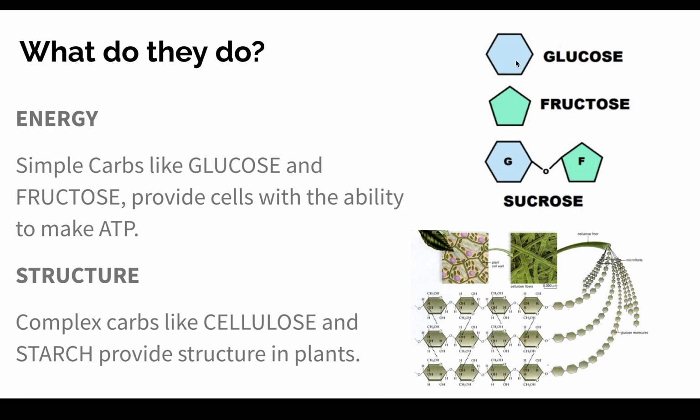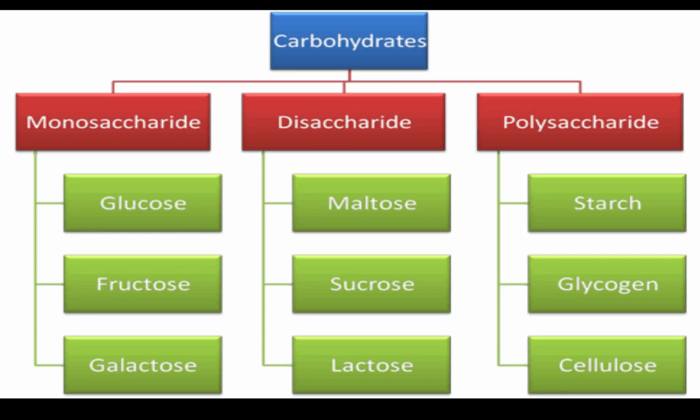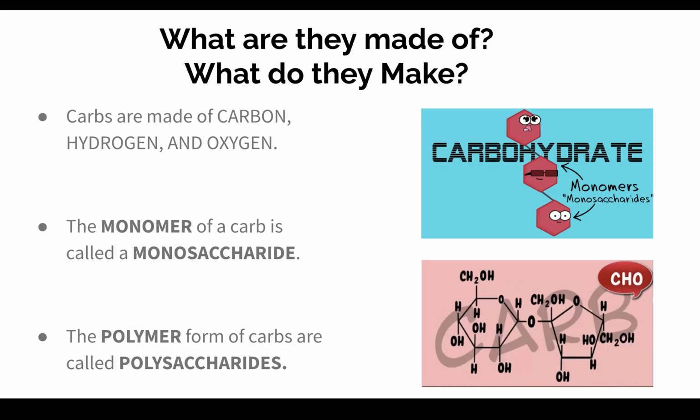When I put one glucose together with a fructose, which makes sucrose, that's going to then be a more complex carb, which is going to be a polysaccharide because we have more than one carbohydrate put together.